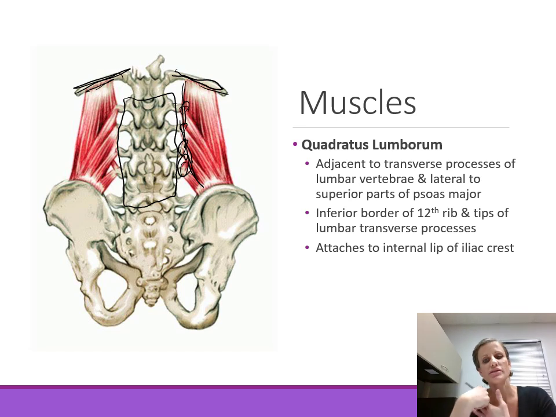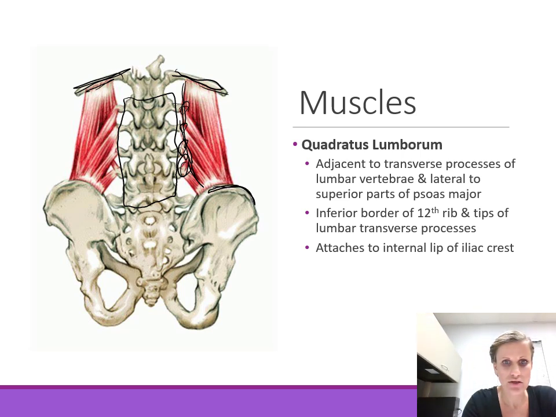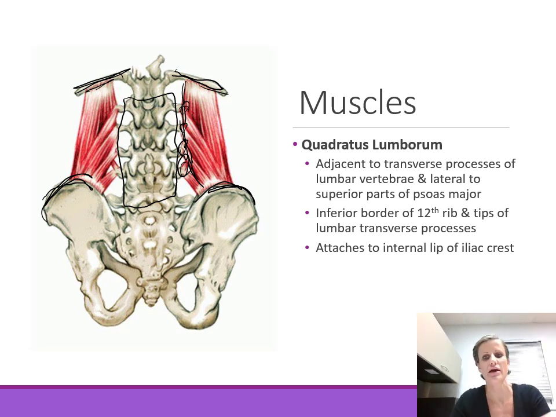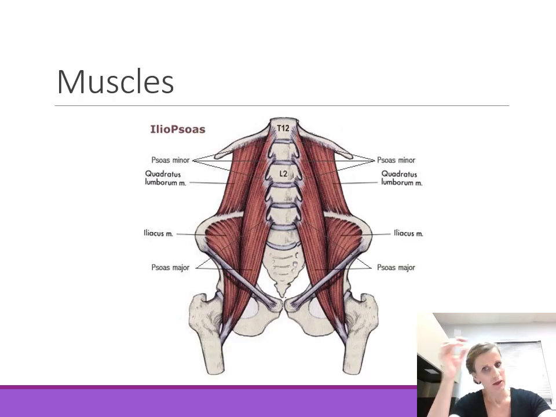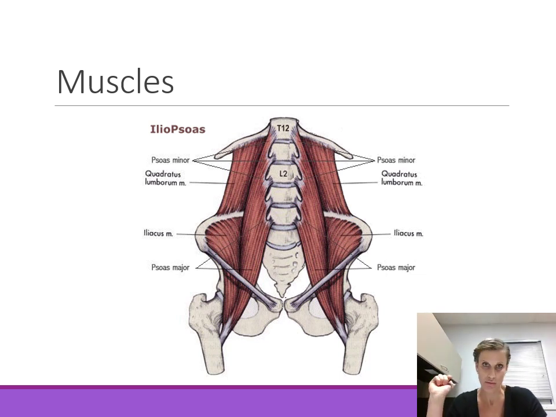Inferiorly, the quadratus lumborum attaches to the internal lip of the iliac crest. So the iliac crest, again, is the large curve on top of the pelvis or on top of the ilium, and just the internal lip of that is where the quadratus lumborum connects inferiorly. Here you can see all three of the major muscles of the posterior abdominal wall.